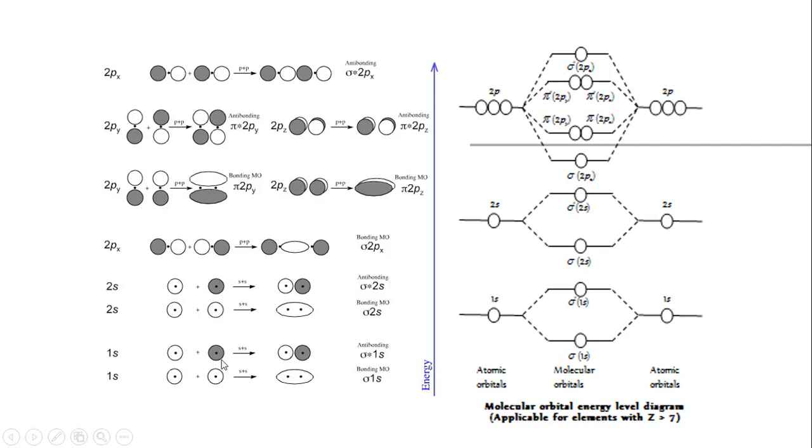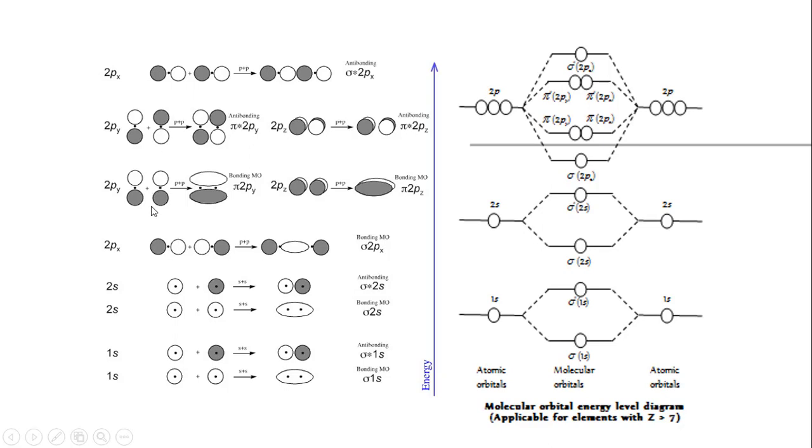The 1s orbitals are overlapping and combining with each other, and the same number of molecular orbitals are formed, in ascending order of energy. And when the 2px orbital is orienting in the horizontal manner, the two lobes of the 2px combine and form a bonding molecular orbital. That is a stable one, and sigma 2px is formed.